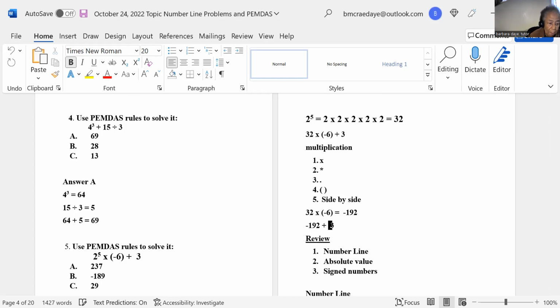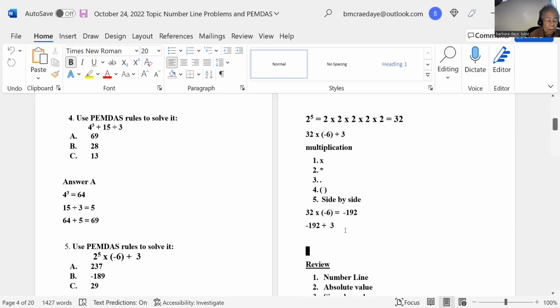So a minus 192 plus 3, what is that equal to, Marietta? Unlike signs, you subtract. So what's 3 from 192? I get 195. No, you subtract, not add, because this is a negative and this is a plus.